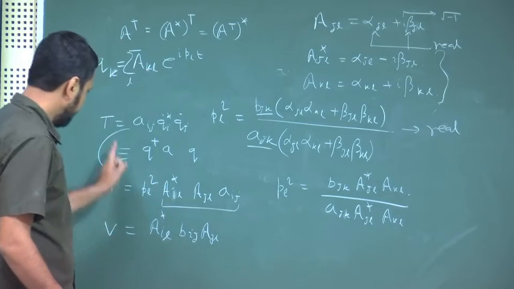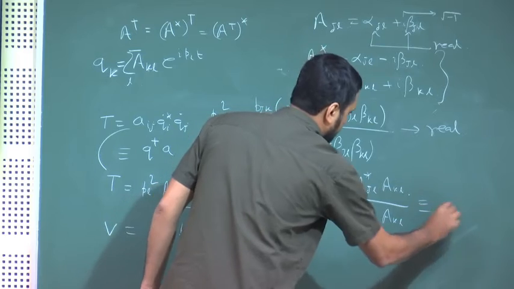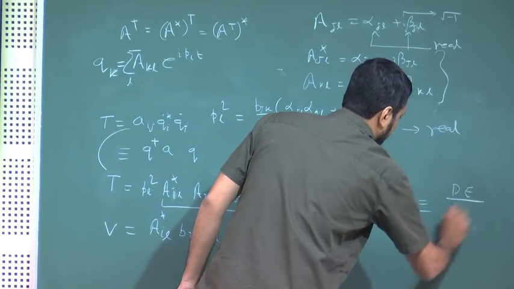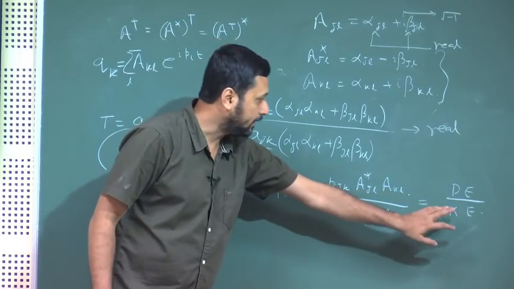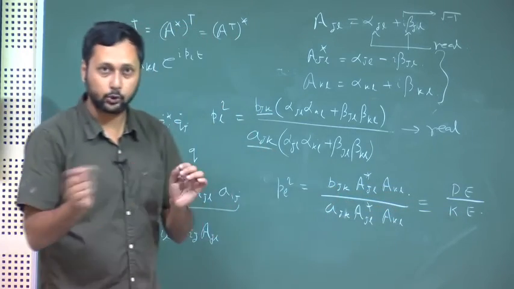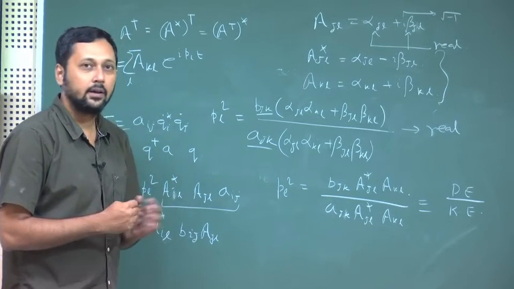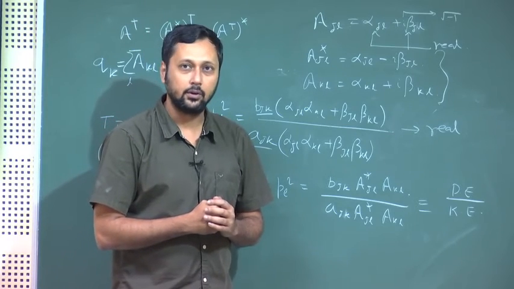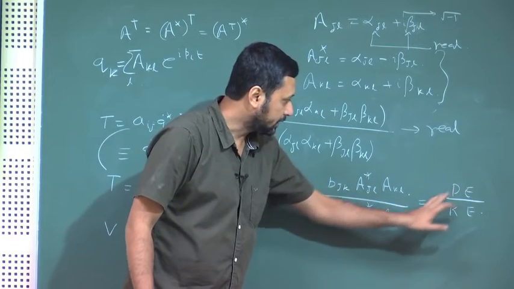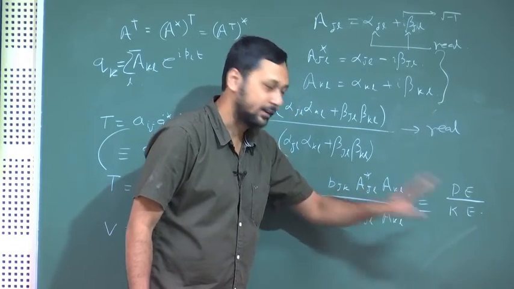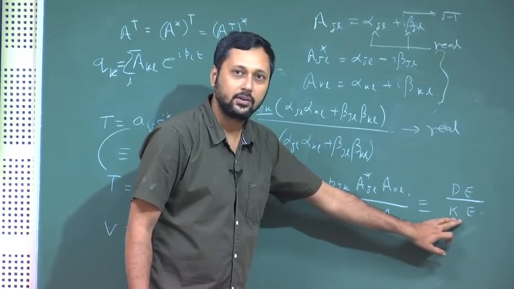So, by virtue of these two relations we have got, this is something like the potential energy of the system divided by the kinetic energy of the system, right. Now, the kinetic energy of a system which is oscillating, which is in motion, cannot be 0. It has to be some positive number. In the trivial case when kinetic energy is 0, that means there is no oscillation in the system. So, except for the special case when there is no oscillation in the system, the kinetic energy is always greater than 0.